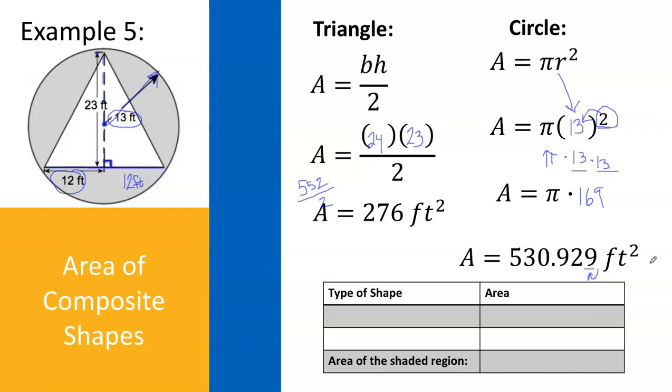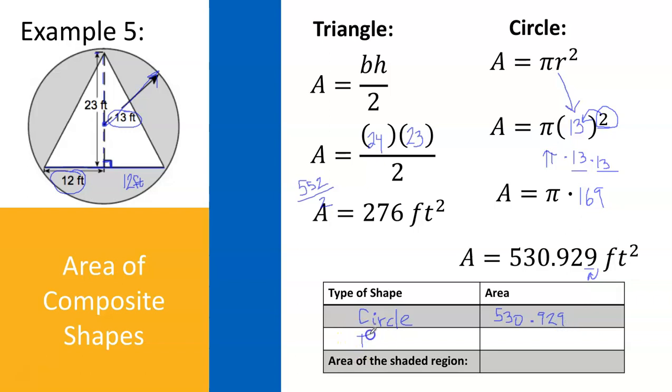From here, what I'm going to do is fill in the area of the circle first in the table. So type of shape, I'll write circle. And then we found the area of the circle to be 530.929 square feet.